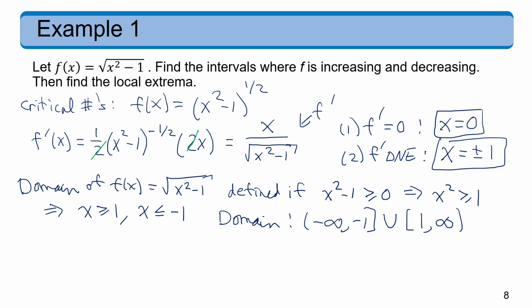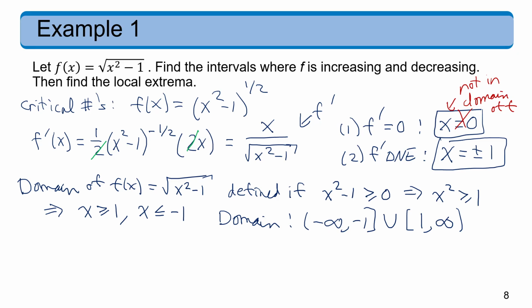That's not even in the domain. So we shouldn't even consider this one. Okay, so we throw that one out. But the other two, plus minus 1, they are in the domain. So those are the only ones we need to consider as we move forward.